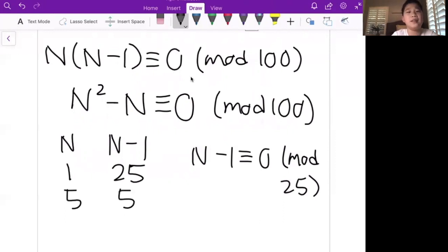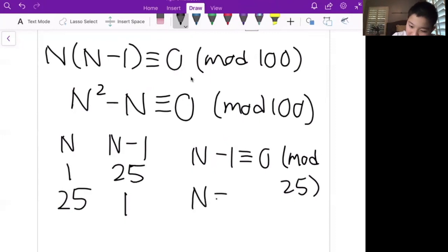Wait a minute. Do you see something wrong in this? N and n minus 1 can't both be divisible by 5, so we'll rule that out. And then n is divisible by 25, and n minus 1 is just any integer. So that's also a possibility.